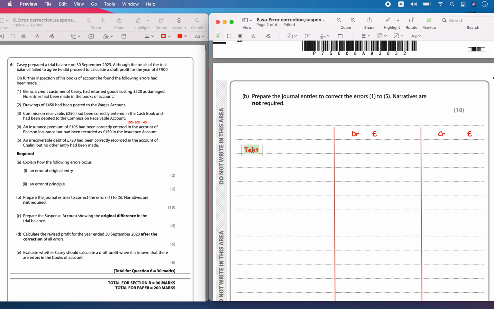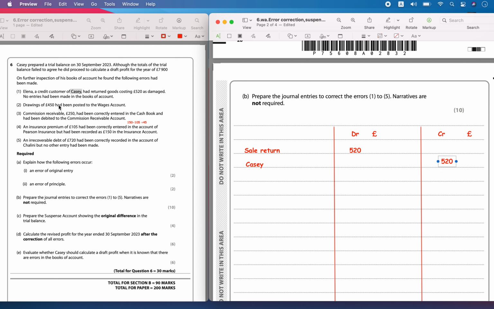One account is going to be the sales returns account, and the other one is the trade receivables Elena account. So here we have to update both of them. First one, sales returns 520 debit, and Elena account 520 credit.